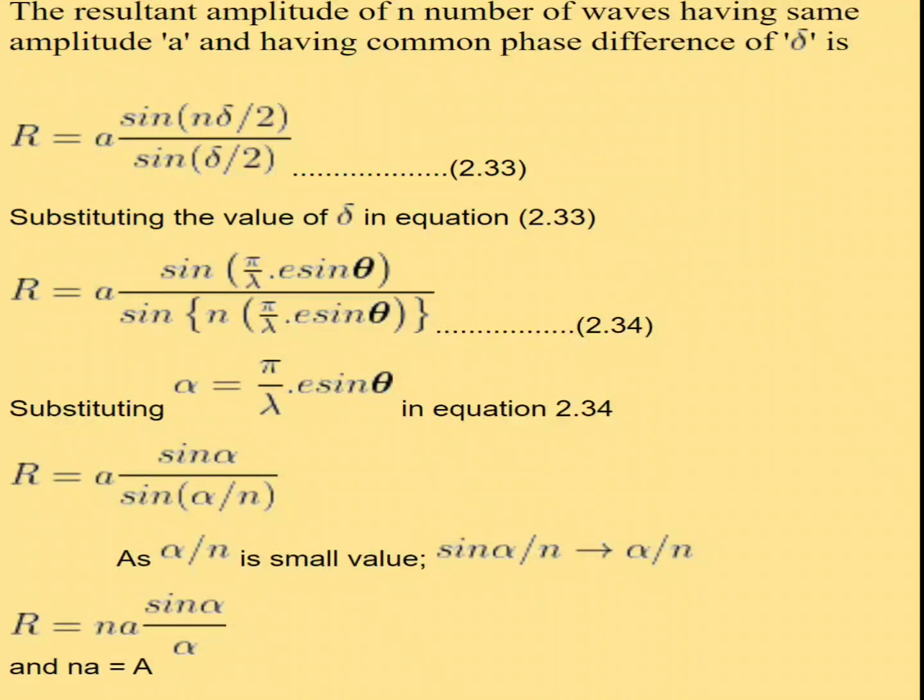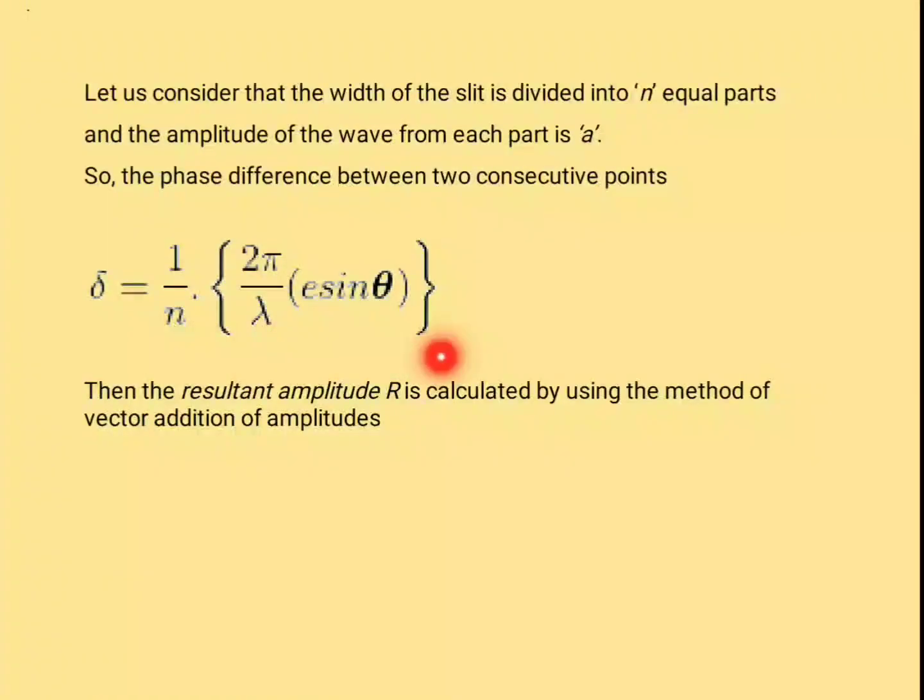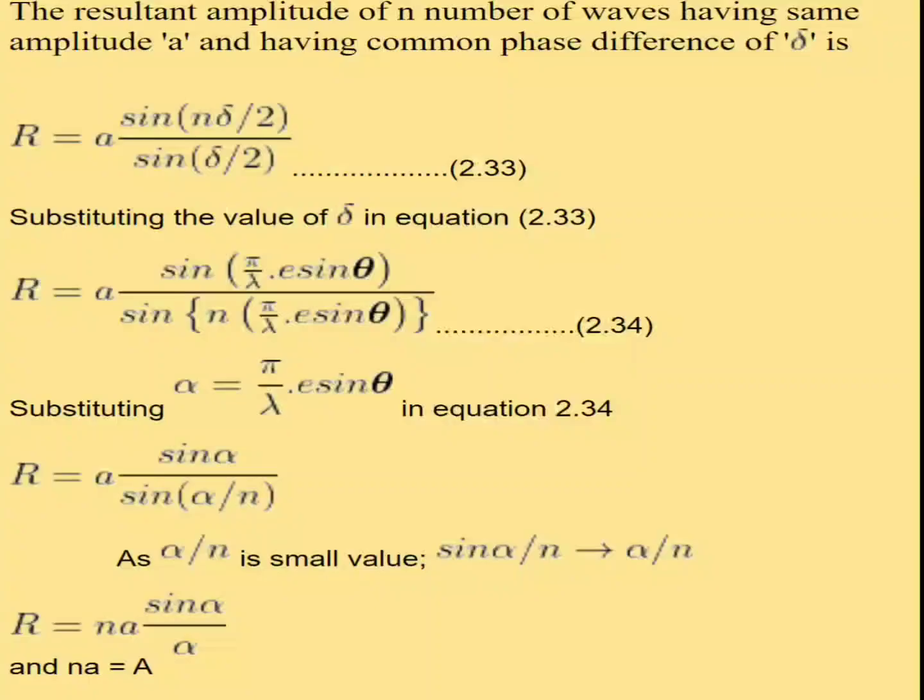Now substitute the value of delta. Already we found the value of delta, that is 1 by n into 2 pi by lambda e sin theta. This value you substitute here, n into delta, that is 2 pi by lambda into e sin theta.